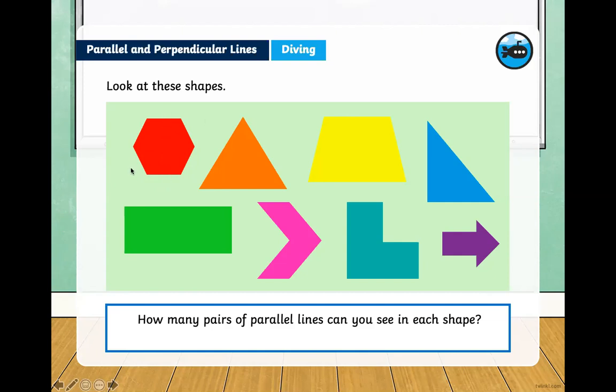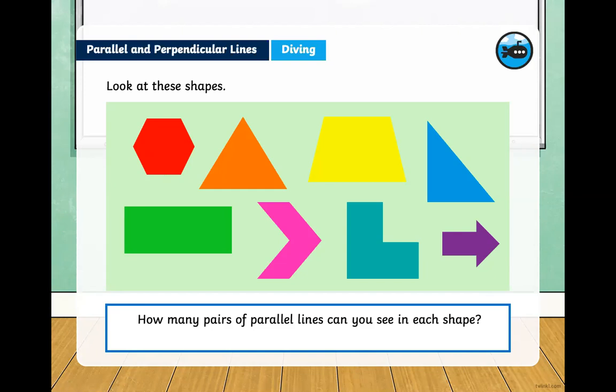Can you find another one? What about these ones? What if we drew this one all the way around, all the way up, and that as well? So there's a second pair. Same with these ones. Third pair. Very interesting. Out of curiosity, how many sides does it have? 1, 2, 3, 4, 5, 6. It's a hexagon and it has 3 pairs of parallel lines.